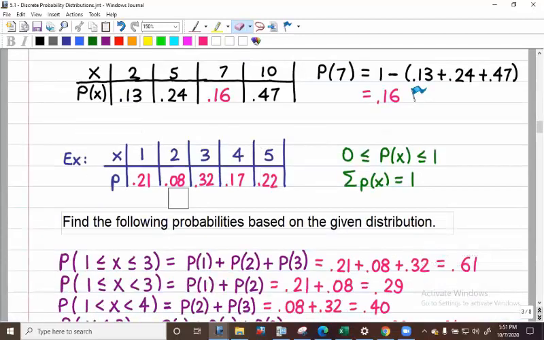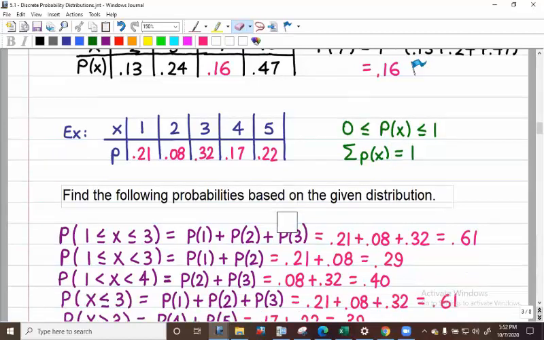Now here's one where they're giving you a distribution. Anytime they give you a distribution that you're answering questions on, whether it's homework or on a test, I shouldn't mess that up. It's going to be a valid distribution. You can check it if you want to, but what would be the point of me asking a bunch of questions for you to figure out if it wasn't valid to begin with?